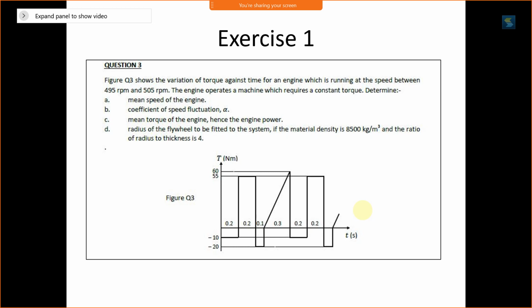The engine operates a machine which requires a constant torque. So here this is type number 2, this is our product actually. Variation of torque against time for an engine which is running. Determine the mean speed of the engine. This is again type number 2.